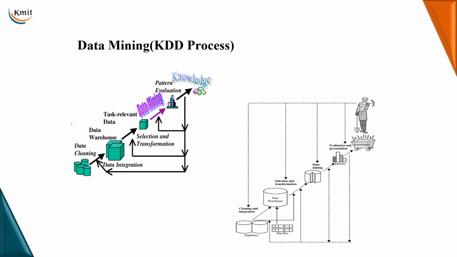This is all about your KDD process. Your KDD process undergoes what? Raw data is converted using your data pre-processing. From all the pre-processing techniques, it goes on to the data mining. From data mining, using the data post-processing, it gives us what? The final result as your knowledge.